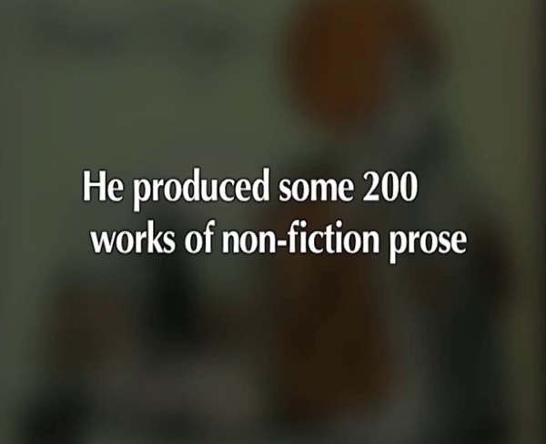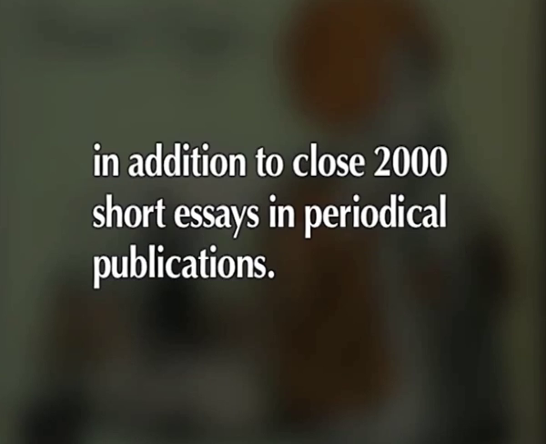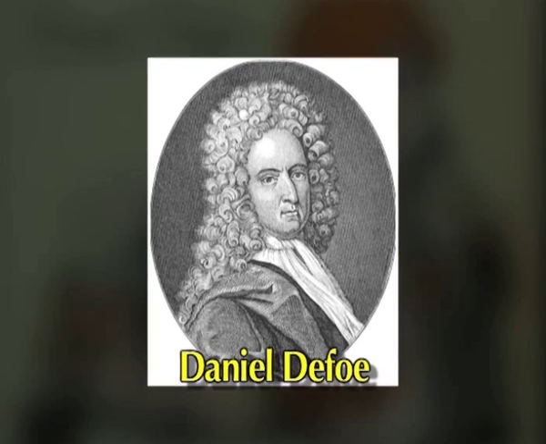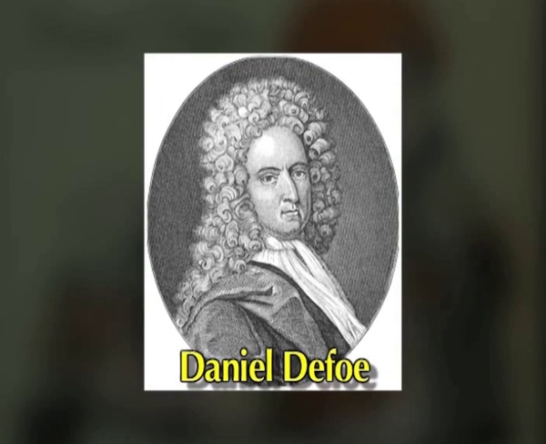He produced some 200 works of non-fiction prose in addition to 2,000 short essays in periodical publications, several of which he also edited. He has been called one of the greatest journalists and the father of journalism.